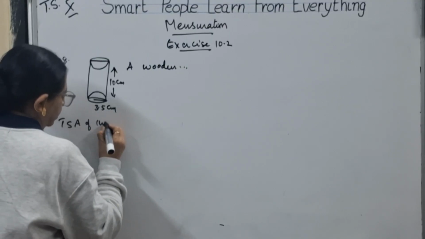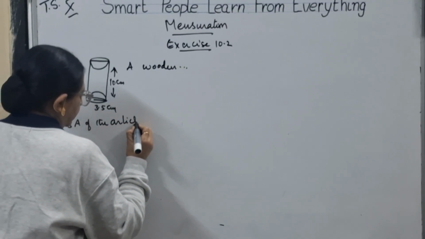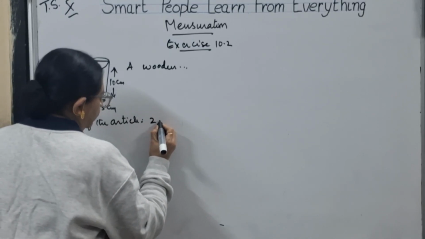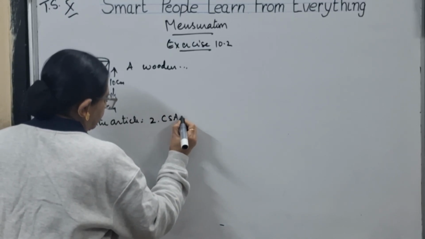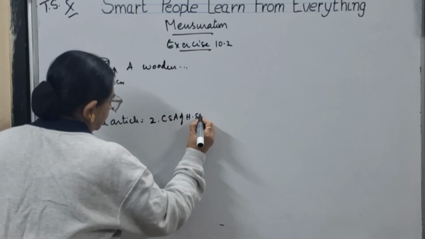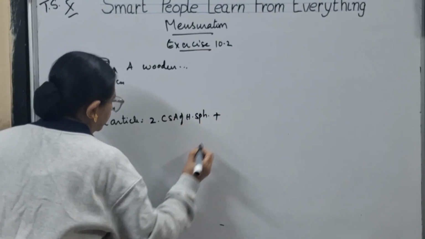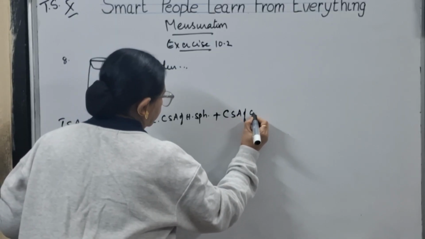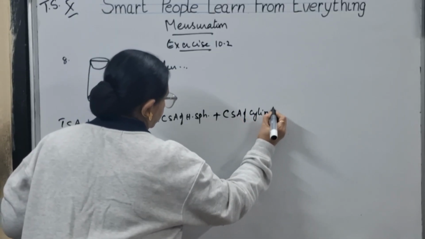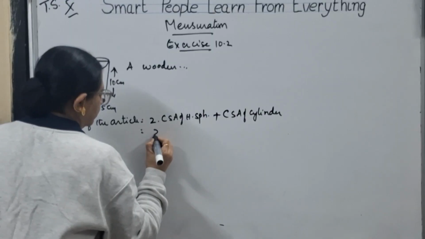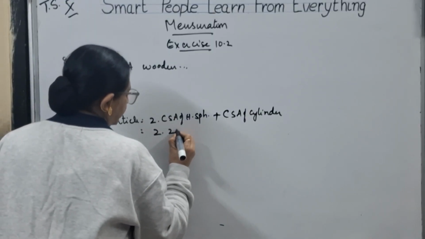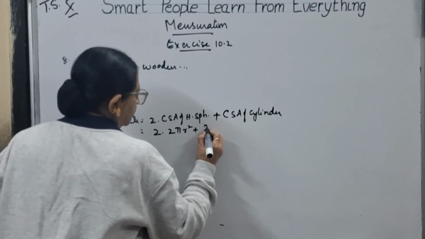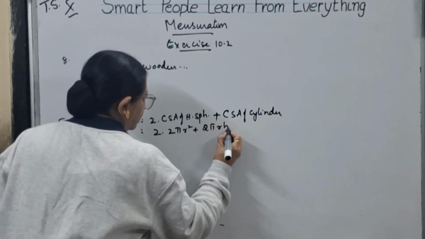TSA of the article. TSA of the article is nothing but 2 times of CSA of hemisphere, because there are 2 hemispheres, plus CSA of cylinder. So this is 2 into CSA of hemisphere 2 pi r square plus cylinder 2 pi r h.